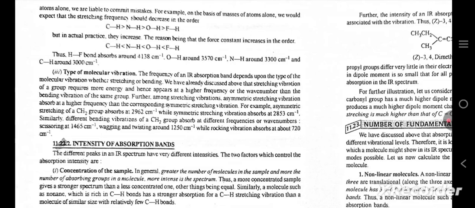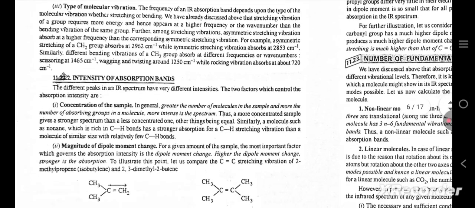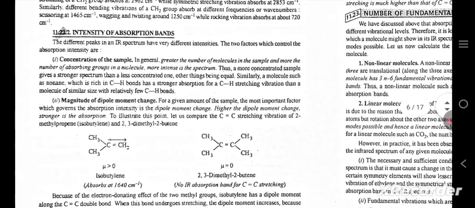For example, asymmetric stretching of a CH2 group absorbs at 2962 cm, while symmetric stretching vibration absorbs at 2853 cm. Similarly, different bending vibrations of a CH2 group absorb at different frequencies or wave numbers, scissoring at 1465 cm, wagging and twisting around 1050 cm, while rocking vibration absorbs at about 720 cm.